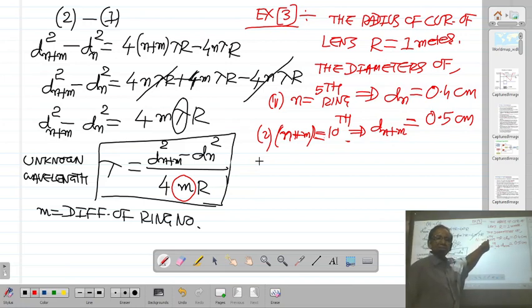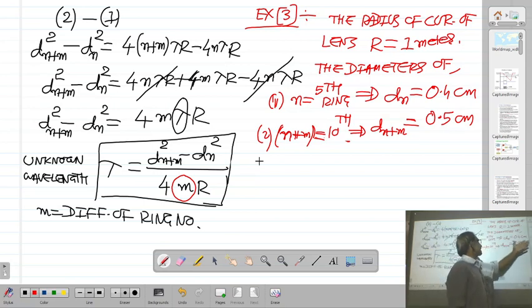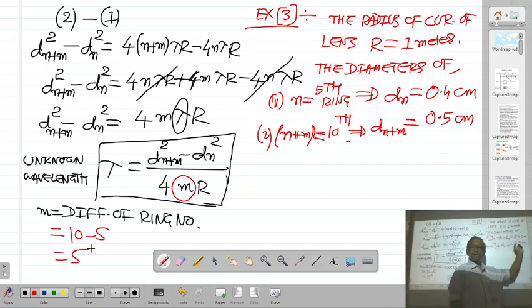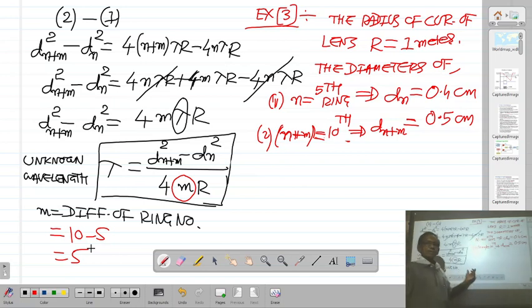The difference of the order of the dark rings is 10 minus 5, that is 5. So you have to take m equal to 5.